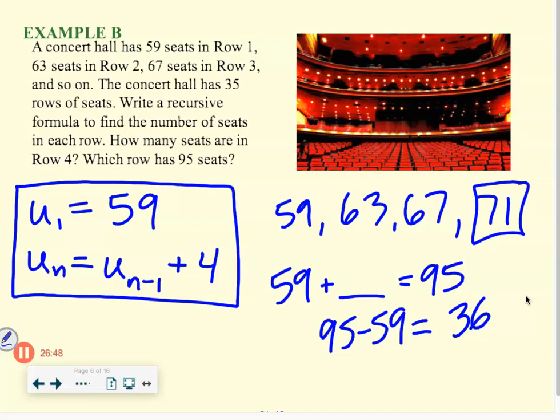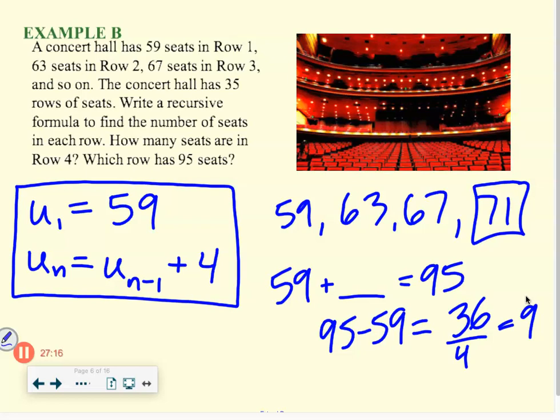So if there are 36 more seats in this row than in the first row, and I'm adding 4 seats to each row, that means that this row has to be 9 rows back from the first row. Does that make sense? I took my first row, I added 9 4s to it, and I got to the row with 95 seats. So which row is it?